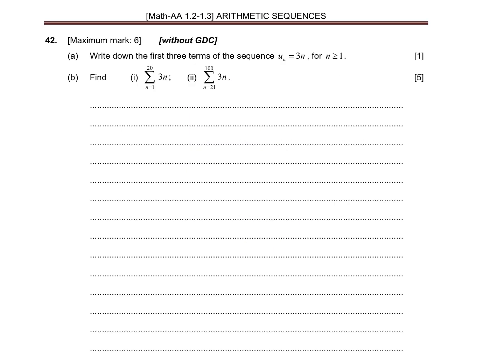All right, 42, write down the first 3 terms. Okay, so we have n is 1, so 3, n is 2, 6, n is 3, 9. So that's A. And then B, we have 20 terms.